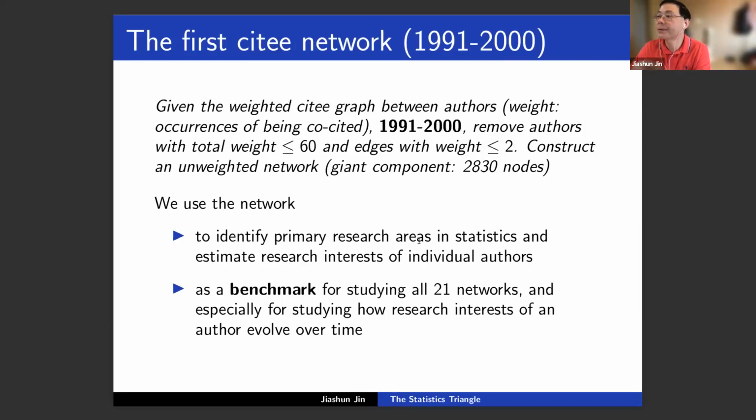Then between her and me, there's a weighted edge with weight 80. So this is the original network. Then we remove all authors with total weight smaller than 80. For example, Zhihua and I are co-cited 80 times, and Trace and I are co-cited 100 times. So 80 and 100 and something else together make my total weight. If my total weight is too small, I'm going to be removed.